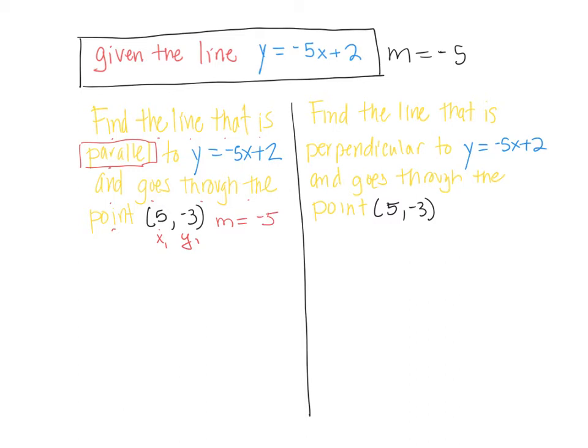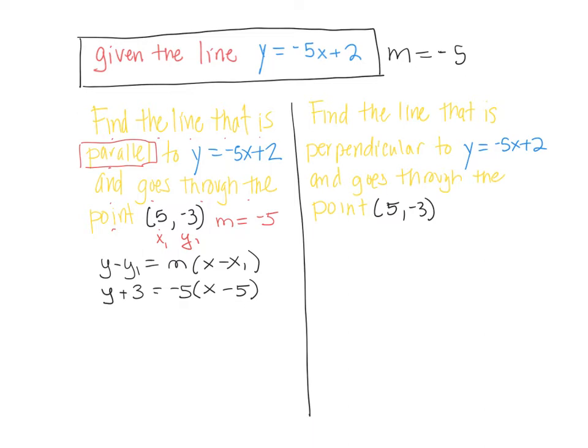So I'm given a point and a slope, so I'm going to have to start with point slope form, and then I'm going to substitute in y minus a -3 becomes y plus 3 equals my slope -5 times x minus 5. So the first thing I do is substitute my x1, y1 and my slope into point slope form.